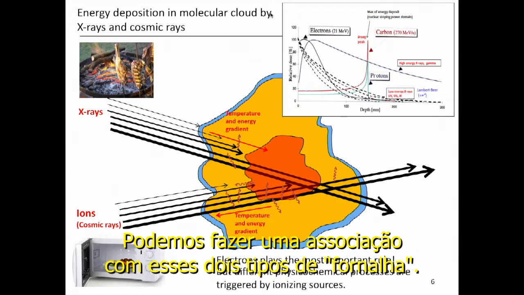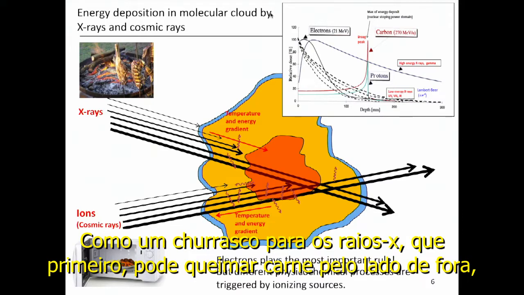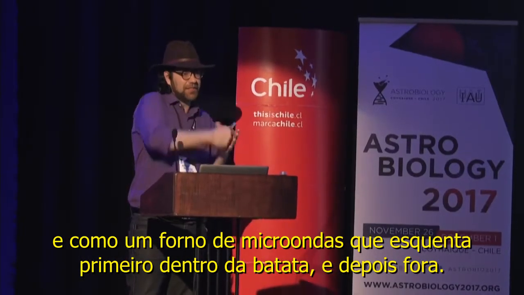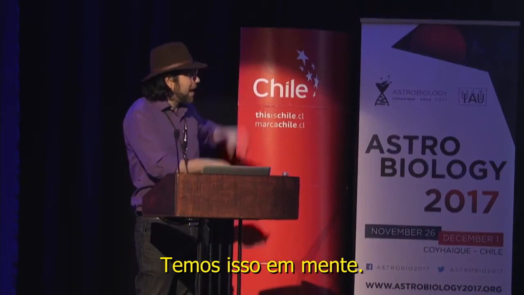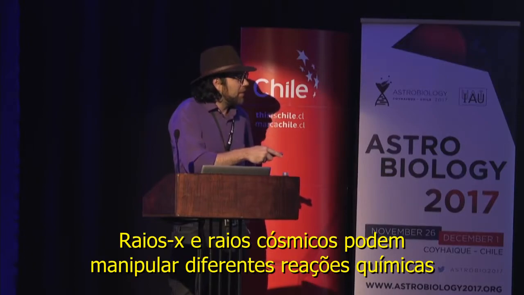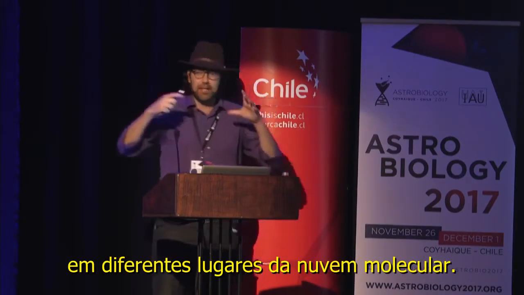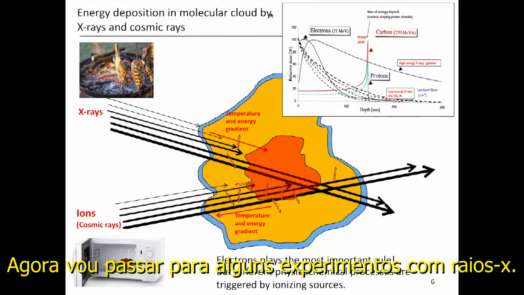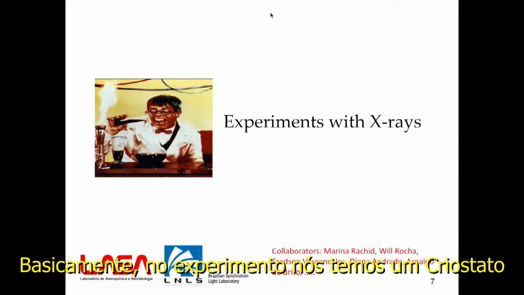We can make an association with two kinds of oven: like a barbecue for the X-rays, that burns the meat from outside first, and like a microwave oven that heats the potato inside first and then outside. You can have this in mind. So X-rays and cosmic rays can trigger different chemical reactions in different places in a molecular cloud. Okay?